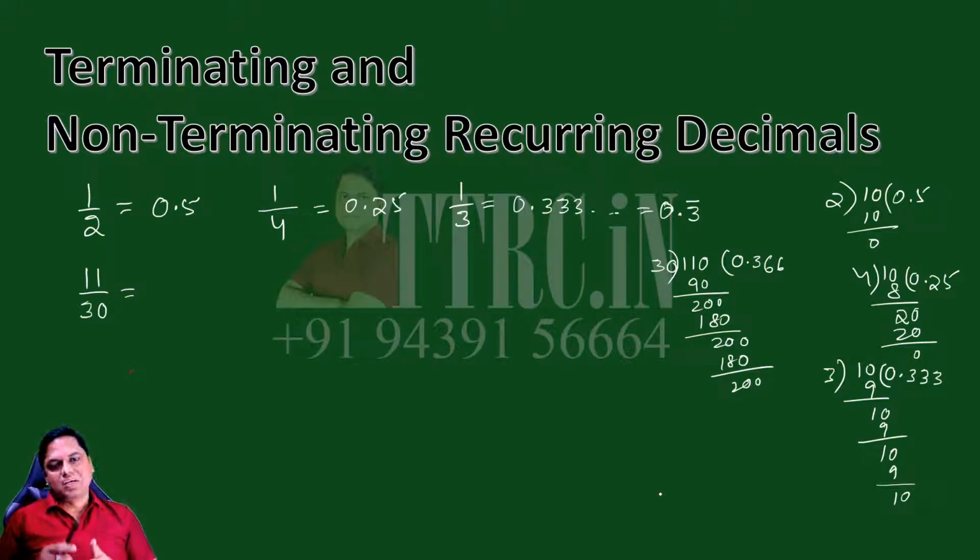We know that this 6 will continue an unlimited number of times. 3 is fixed and then the other digits are recurring. What did we get? 0.366666 like this. So we can write it as 0.36 bar, only 6 bar, not 3. 3 is fixed, only one 3, then 6 is repeating. So it is also a non-terminating recurring decimal.